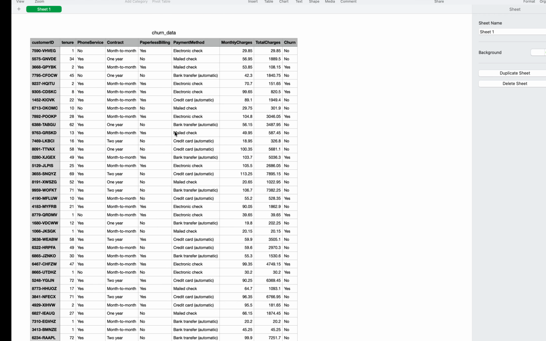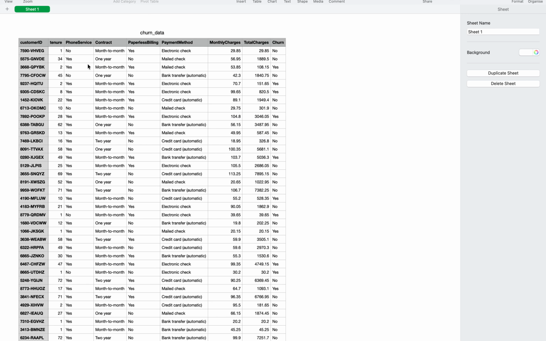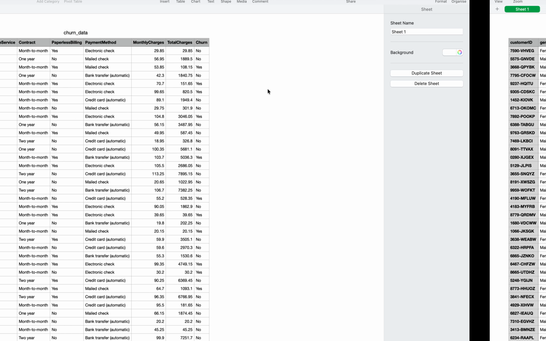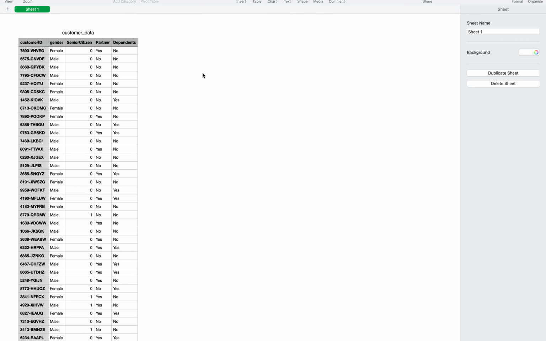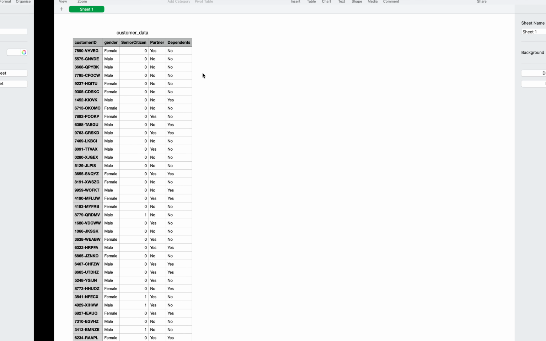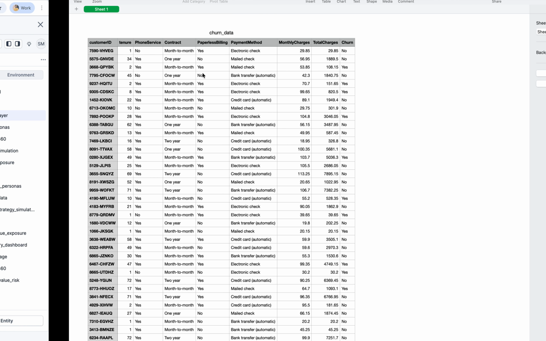Then we have the churn data, with different contracts, payment methods, monthly charges, total charges, and whether the customer has churned or not, and then the data of the customers. These are the three CSV files I have used.